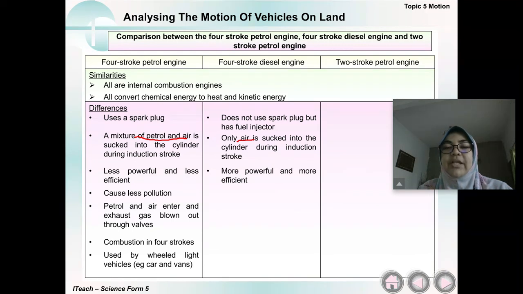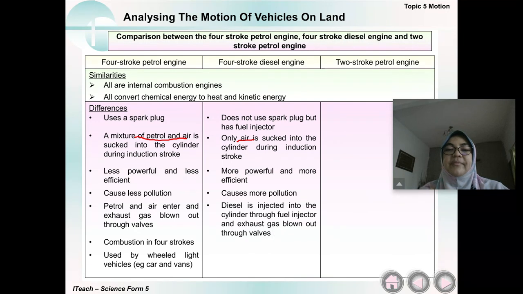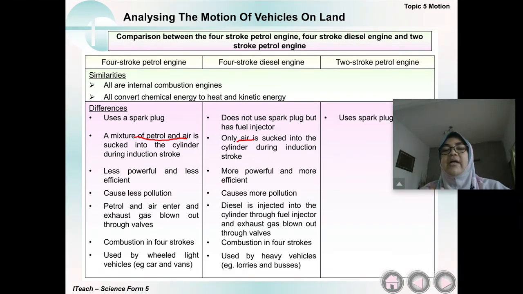Okay, more powerful and more efficient. Okay, cause more pollution. So diesel is injected into the cylinder through fuel injector and exhaust gas blown out through valve. Combustion in four-stroke sebab dia four-stroke engine. Okay, used for heavy vehicle sebab dia lebih efisien. Penggunaan minyak dia lebih, so digunakan untuk vehicle yang berat.